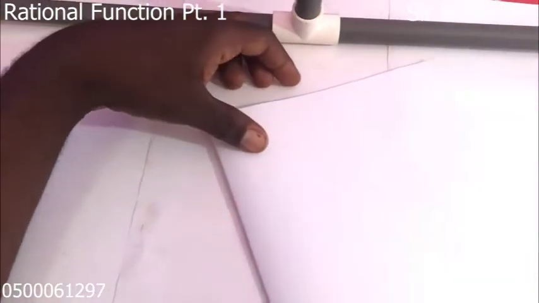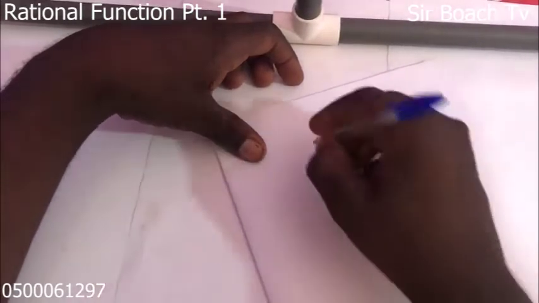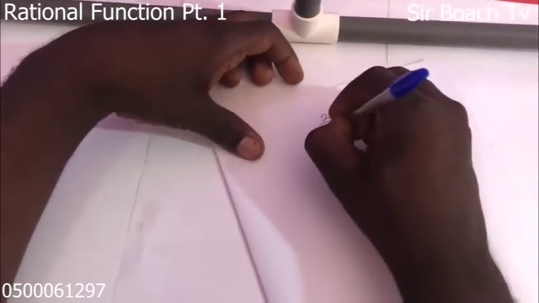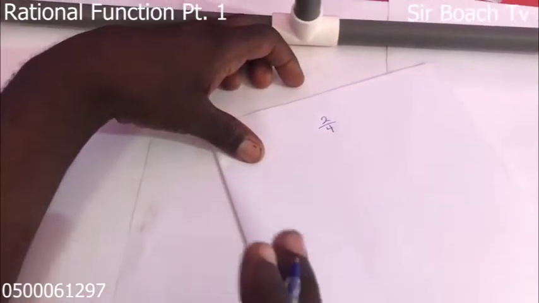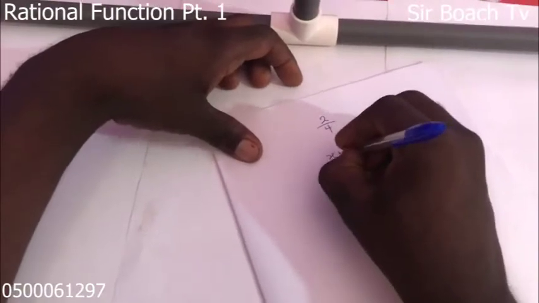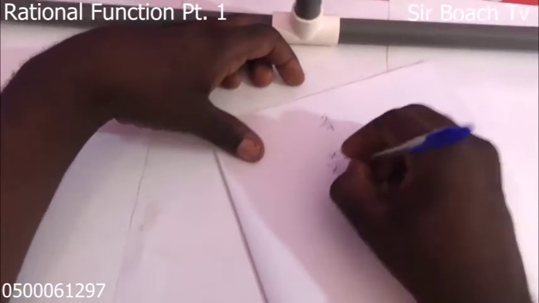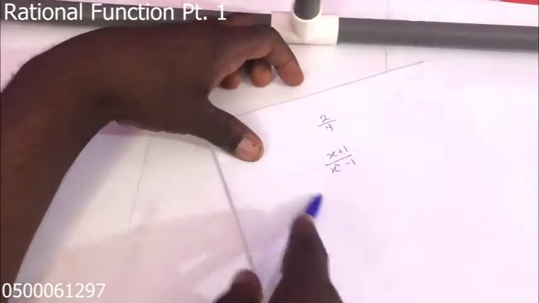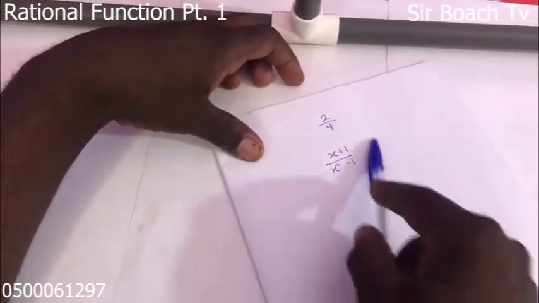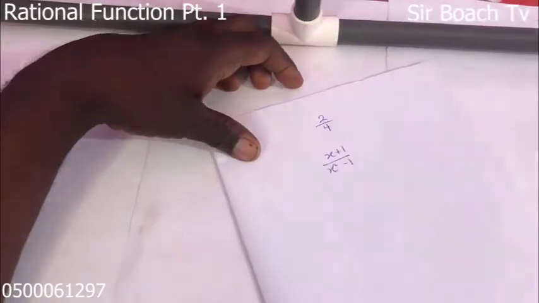Now, if a number is written as 2/4, this is a fraction. But what I'm talking about is something like x plus 1 over x squared minus 1. This is a fraction, and each part is a function on its own. So this is what we will be talking about.